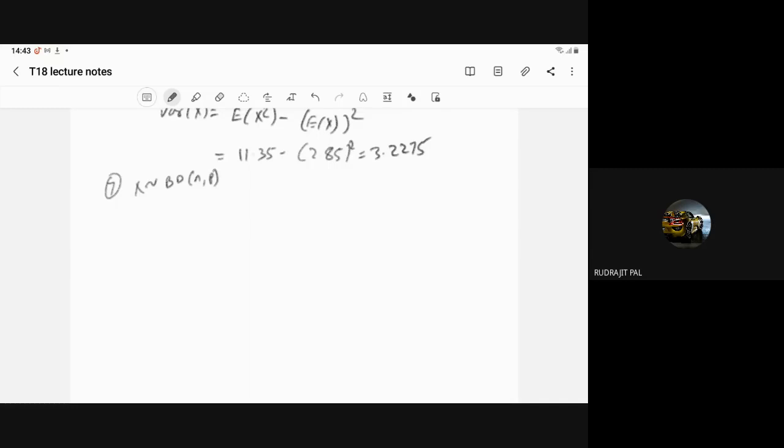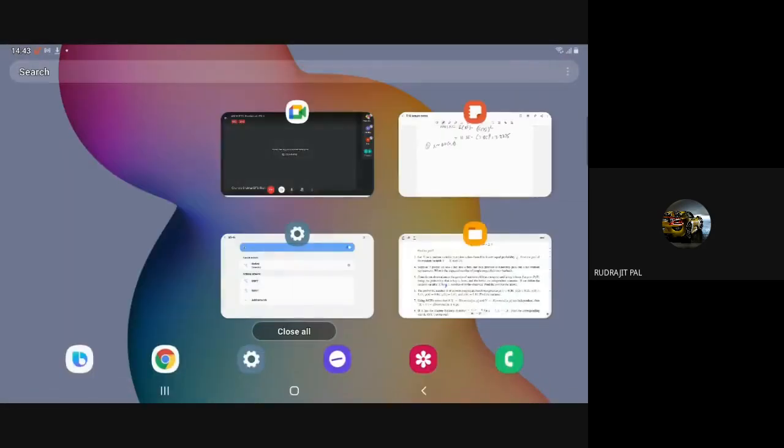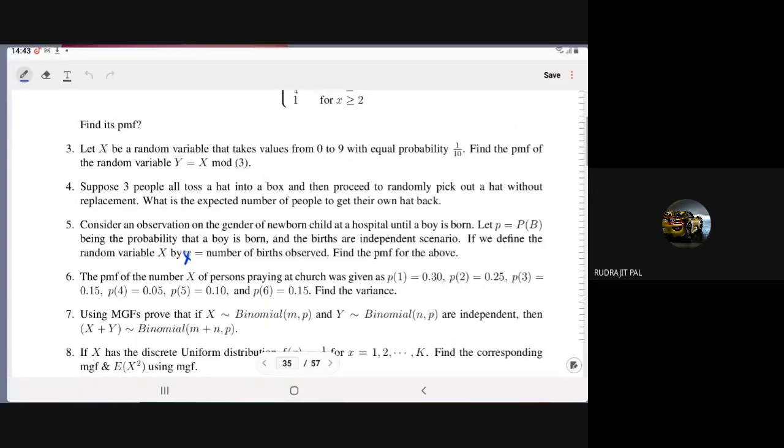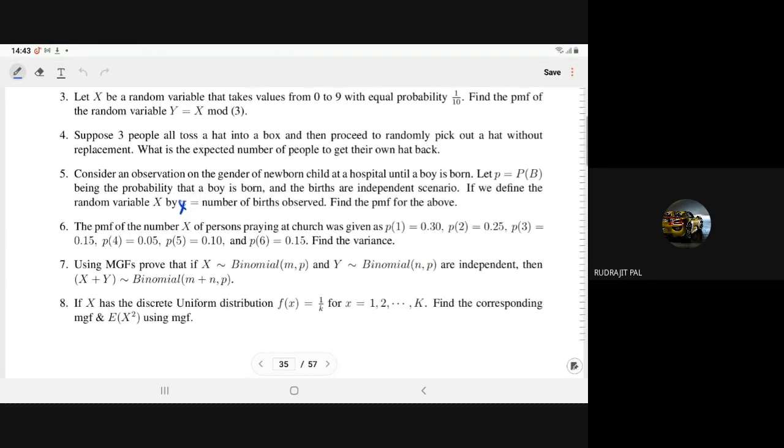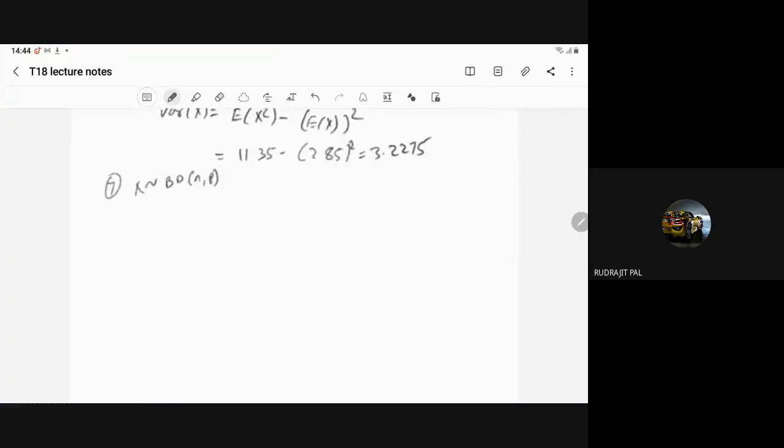I think you also don't have the idea of the moment generating function. For a moment I am leaving this question. In the next class, I will try to finish it.